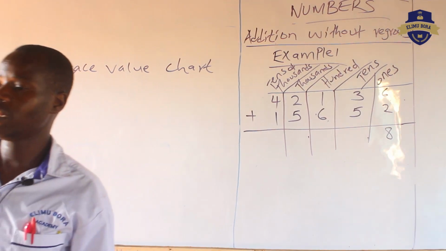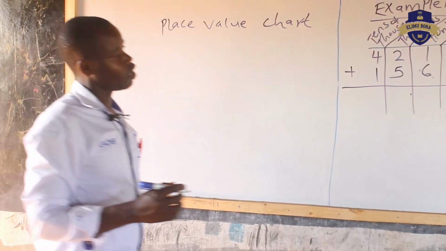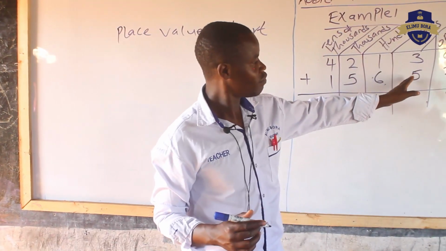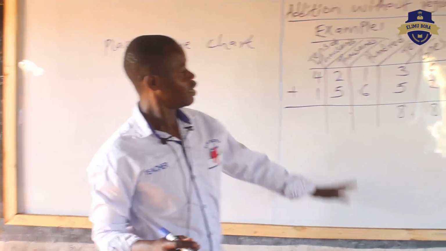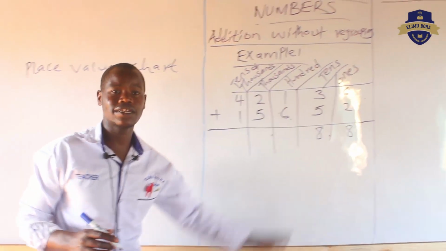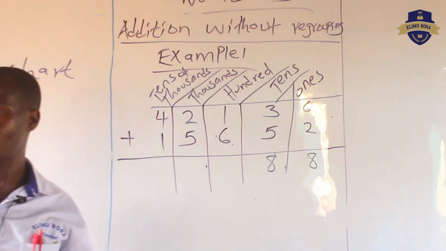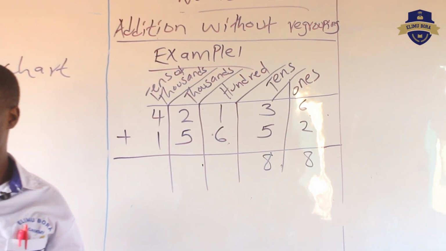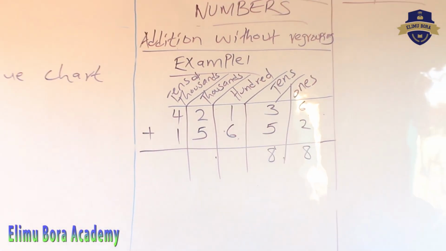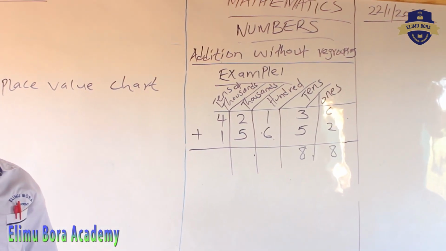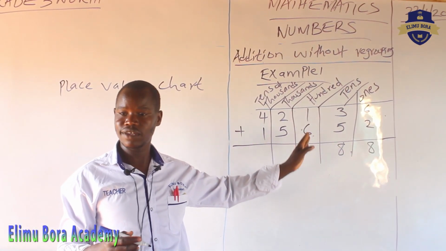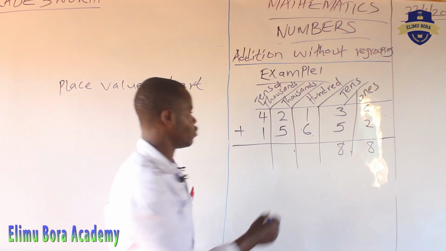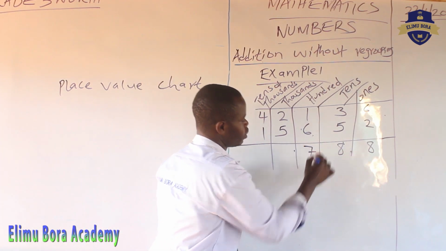You have 3 plus 5, which is 8, so you write 8 here. And then the third column for hundreds. That is 1 plus 6, which is 7. You write 7 here.